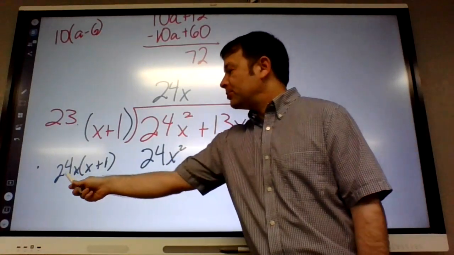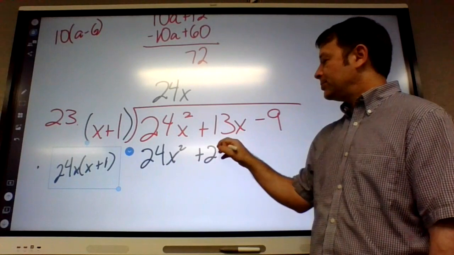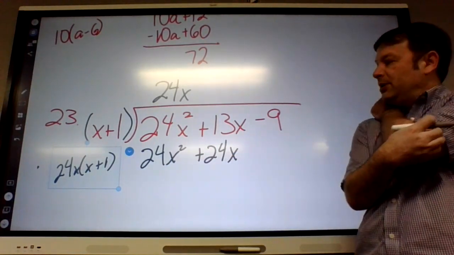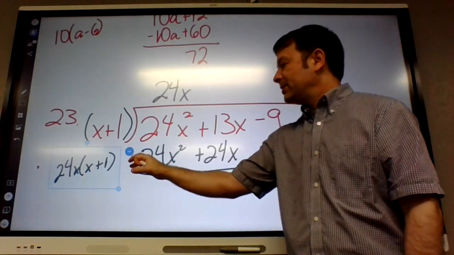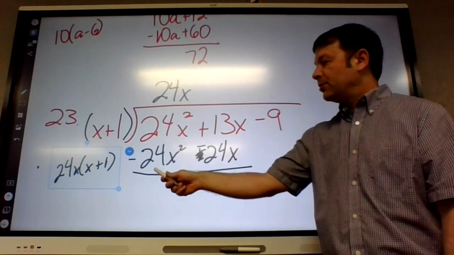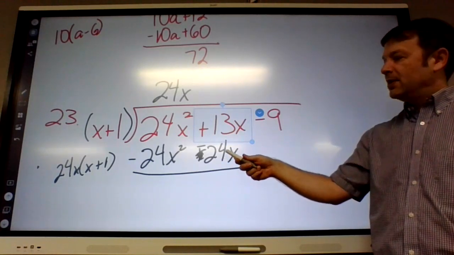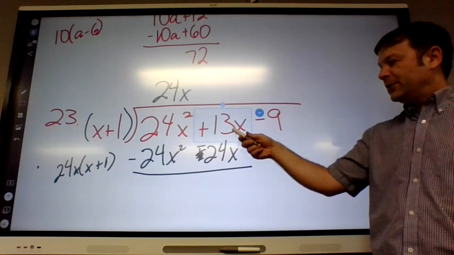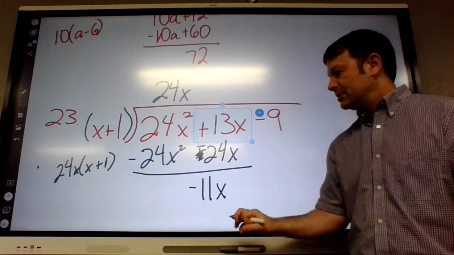These probably won't. 24x times 1 is 24x. And then, yeah, we're subtracting the bottom line, so that actually becomes a minus. Those go away. 13x minus 24x. Well, 13 minus 24 is negative 11.